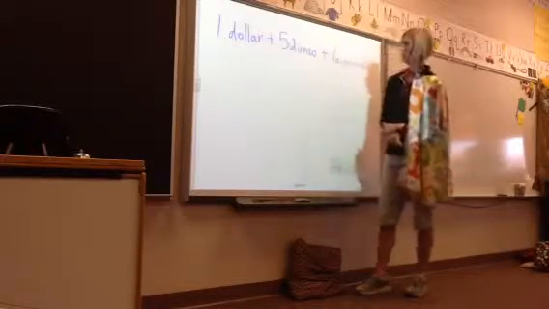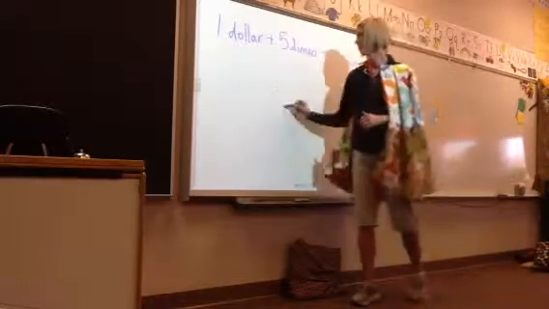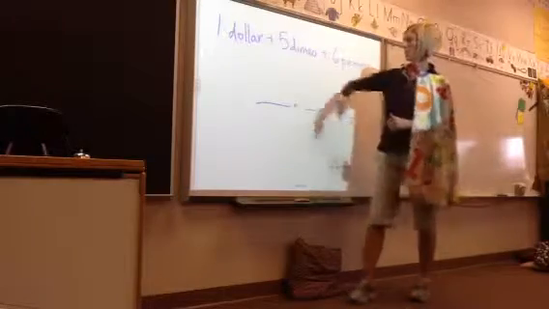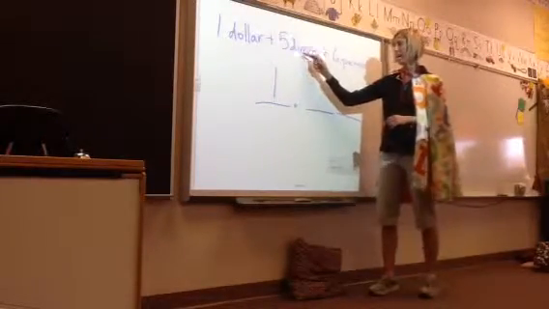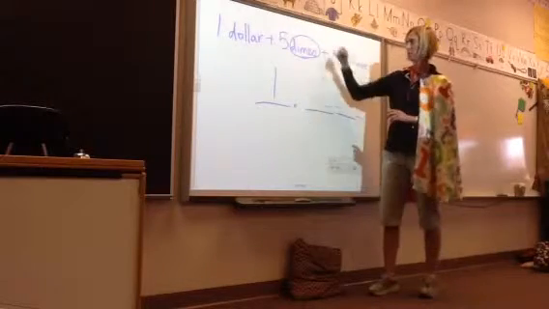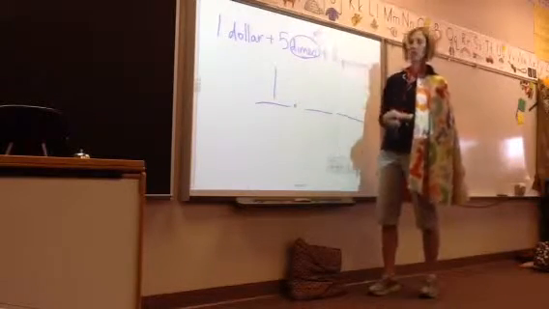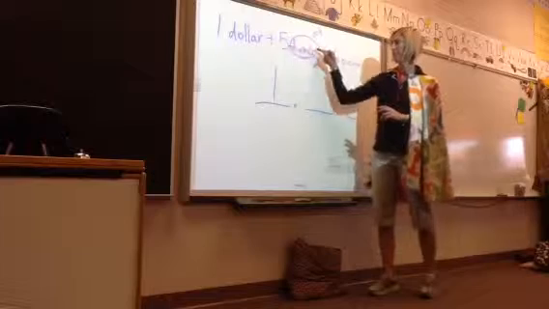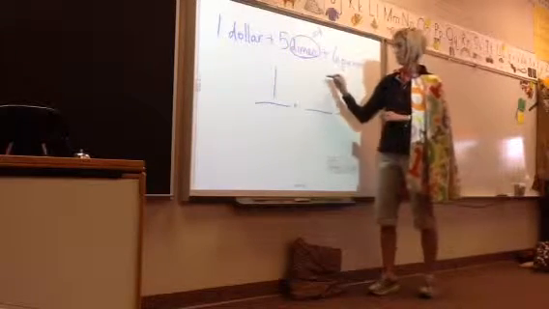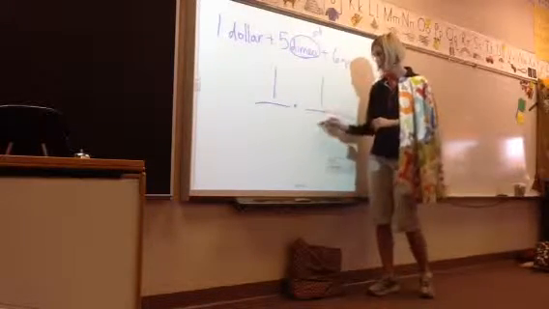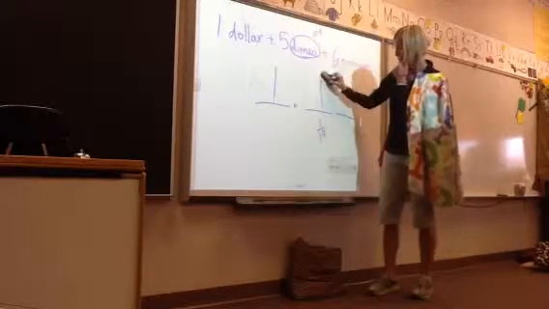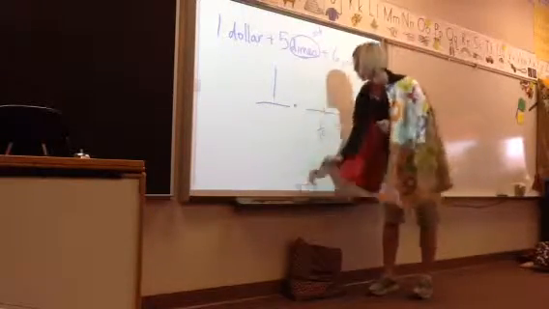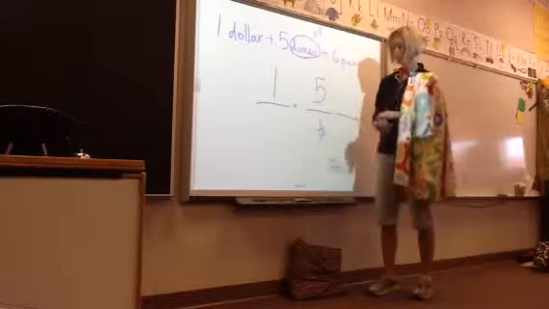Okay. Let's go here. I know I have $1. I have 5 dimes. Dimes, those are worth 10 cents each. I have 50 cents here, so I'm going to say I don't just have 1/10. I don't have one of those, I have 5 of them.